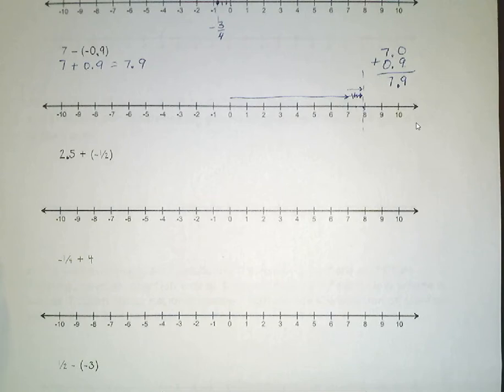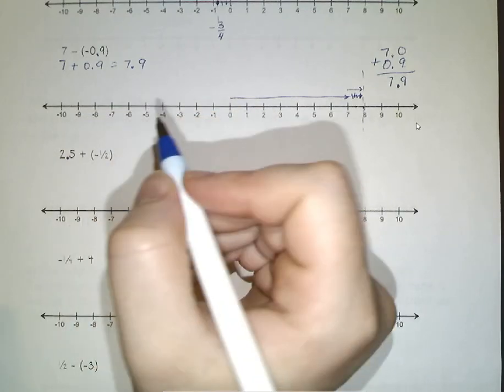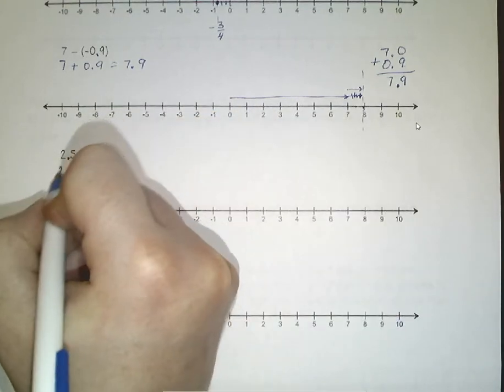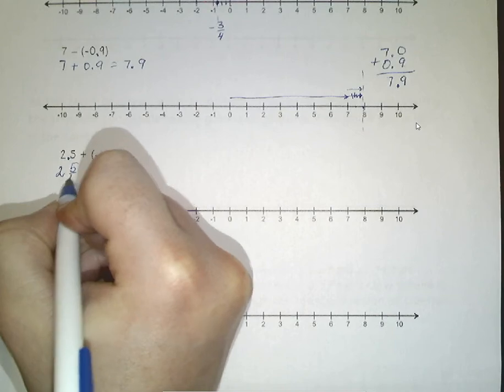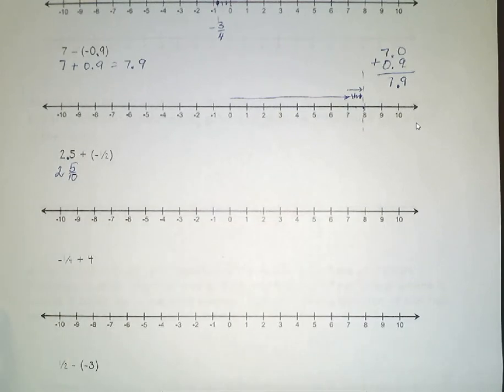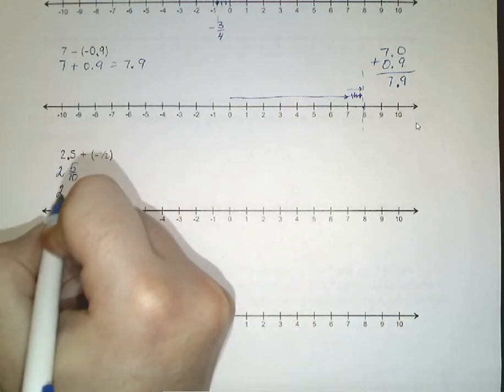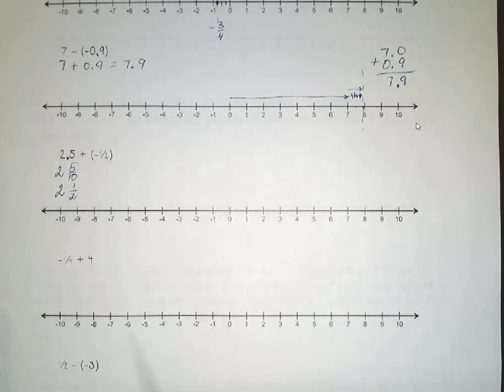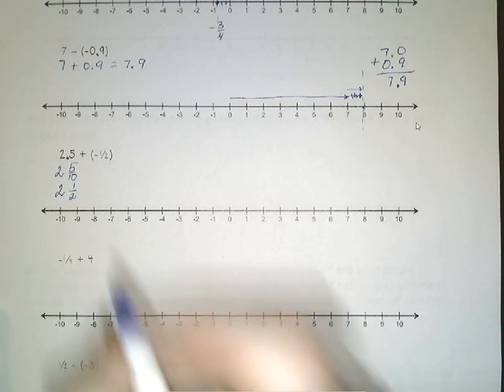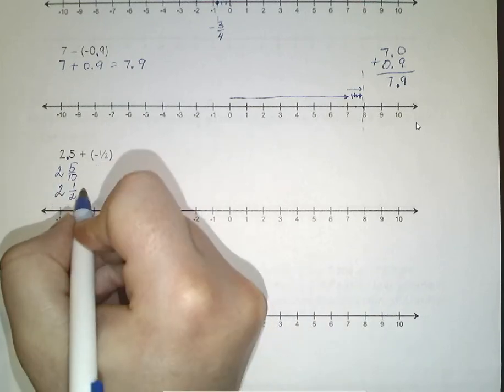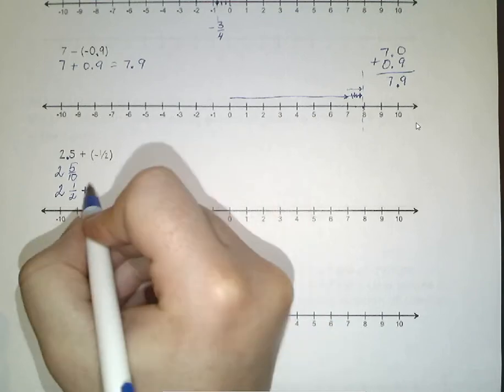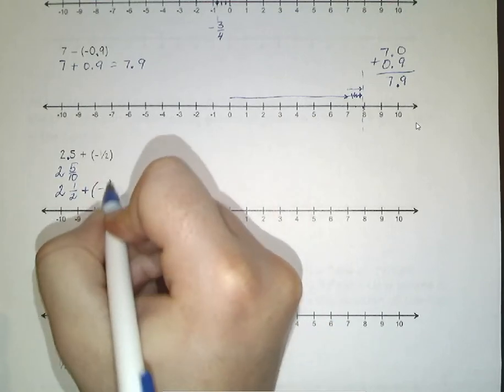How can I write 2 and 5/10 using a fraction? 2 and 5/10, if I simplify that fraction, will be 2 and 1/2. 2 and 1/2 can be made out of 2 and 5/10 as a decimal. So I'm going to use a fraction. It's just easier. 2 and 1/2 plus negative 1/2.